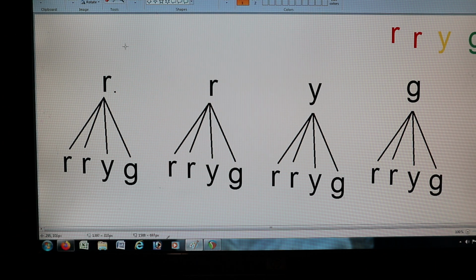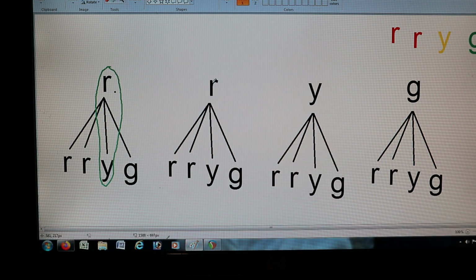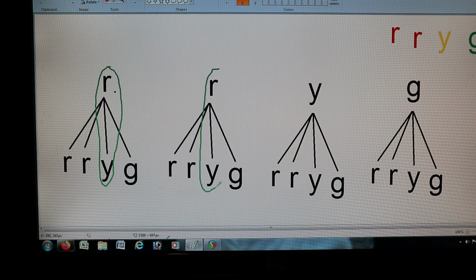So what if I asked you, what's the possibility of first picking a red and then a yellow? So you would have to circle all the ones that meet that criteria. Okay, so first a red and then a yellow. That's the criteria. But look over here. We have another one here. So I can pick this red and this yellow.